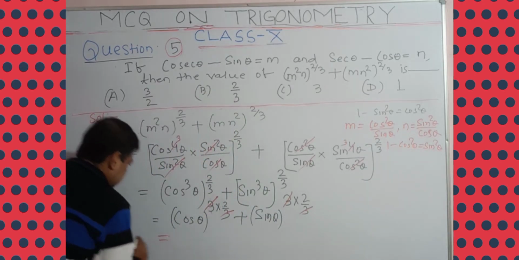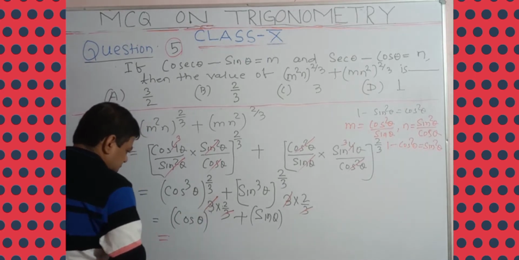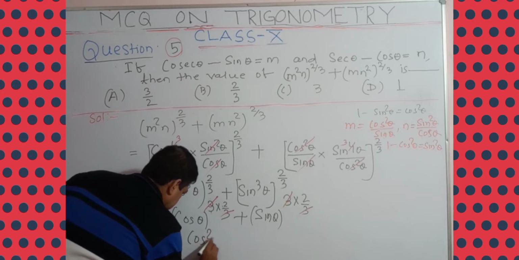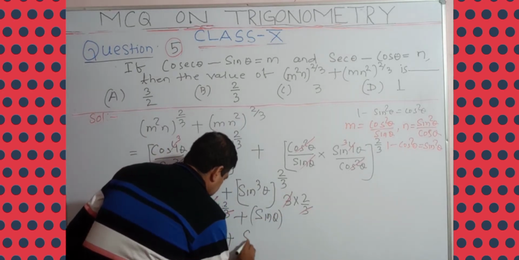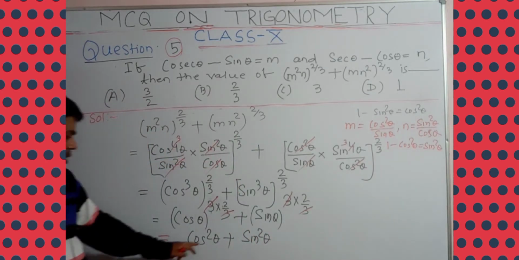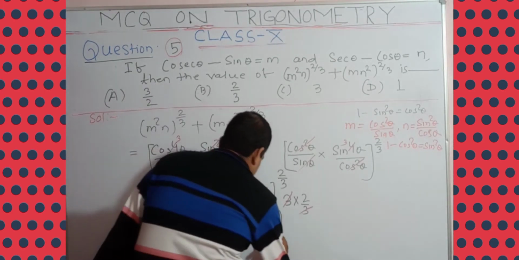After that, it will be (cos theta) whole square, which is cos square theta, plus (sin theta) whole square, which is sin square theta. Is it clear? So cos square theta plus sin square theta is equal to what? All of you know, 1.